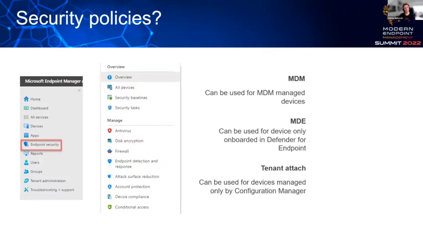So typically, if you are a larger organization, the client management team is not the same as the SecOps team. And you would say, okay, you go ahead and set the policies that you need on the clients to comply with the security settings of this company.